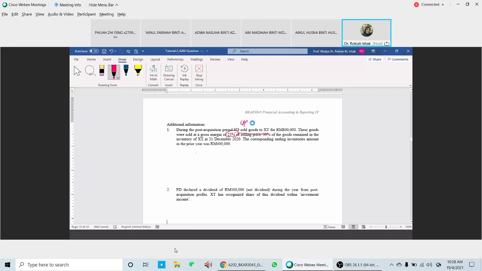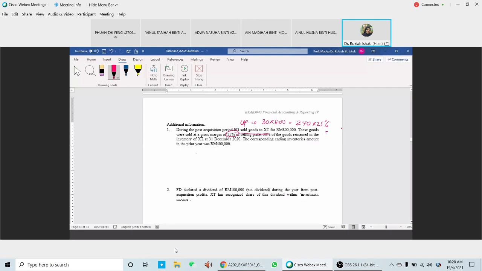So you need to calculate the URP. 30% times 800, so you're going to have 200. That 200 is the amount of inventory. So we need to times it by 25% because the gross margin here is 25%.